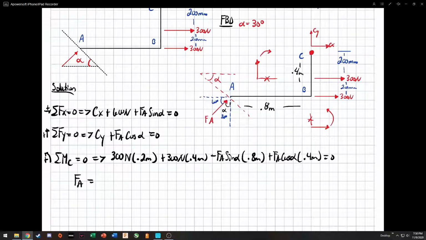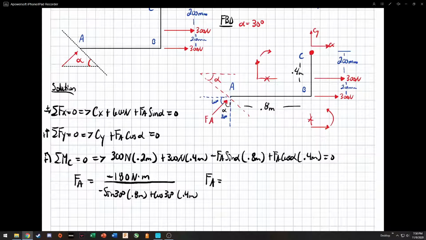It's all going to be equal to, go ahead and simplify those, 300 newtons times the 0.2 meters and the 300 newtons times 0.4 meters. That's going to be a negative 180 newton meters, moving it over to the side that we need it on, all over negative sine 30 degrees times 0.8 meters plus cosine 30 degrees times 0.4 meters.